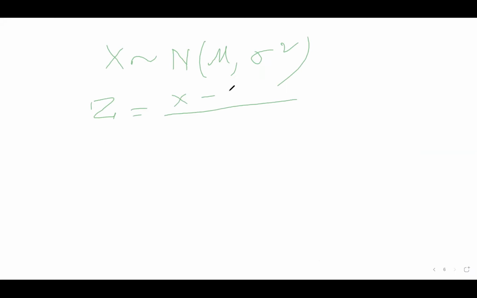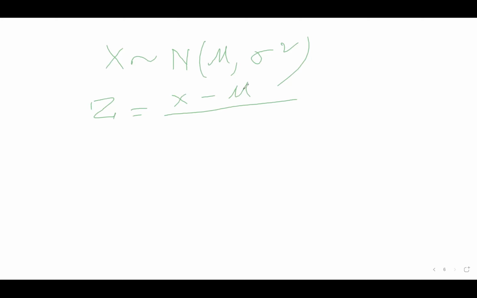Okay, so could you go back to the slide? X is normal distribution with mean mu and variance sigma square. Then the formula for a standard normal distribution was, do you remember? X minus, what is mean here? Mu, right? Divided by a standard deviation.